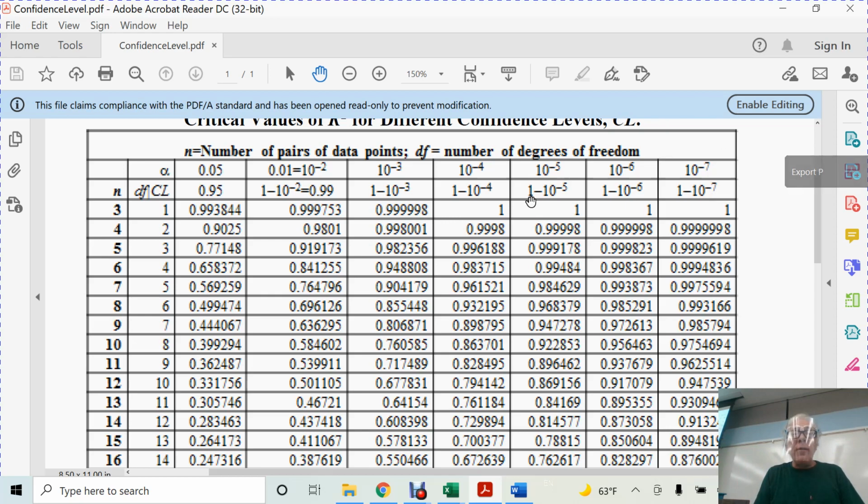Do not think that the small numerical difference between this confidence level and this confidence level doesn't matter. It matters a lot, because here it might be a lawsuit that's $100 million, and here it might be a lawsuit that's only $10 million.